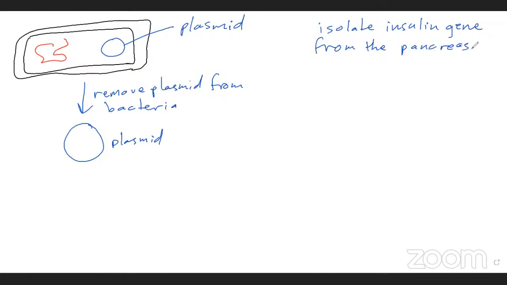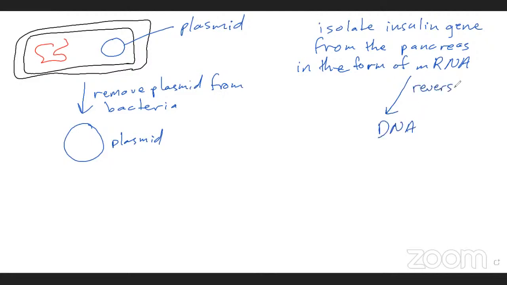All right. Now this is in the form of mRNA. But what we actually need is DNA, right? The messenger RNA, we convert it to DNA. And the enzyme that does this is called reverse transcriptase.